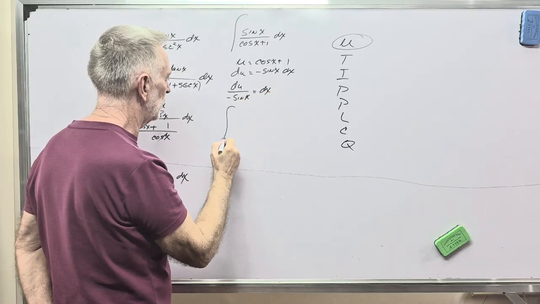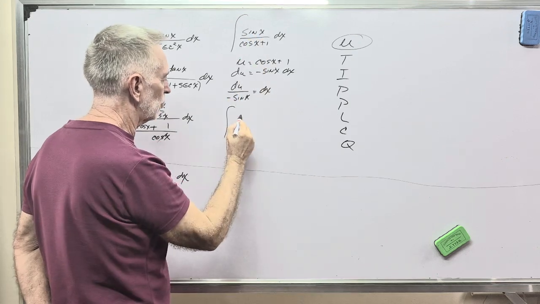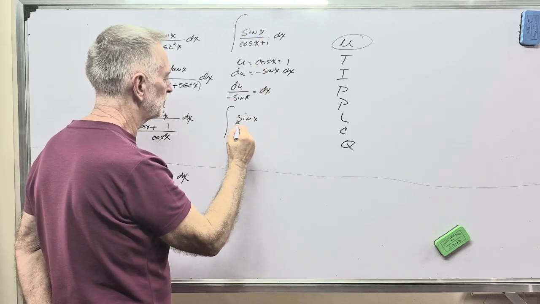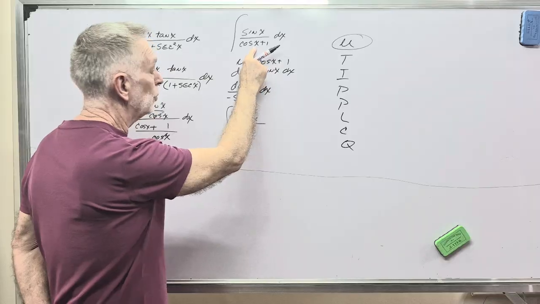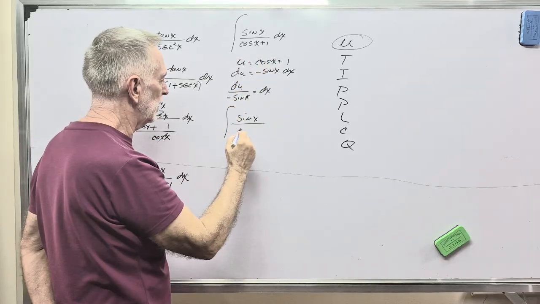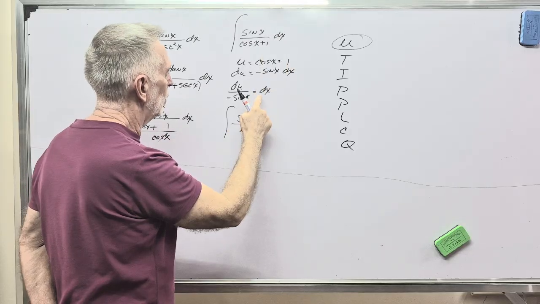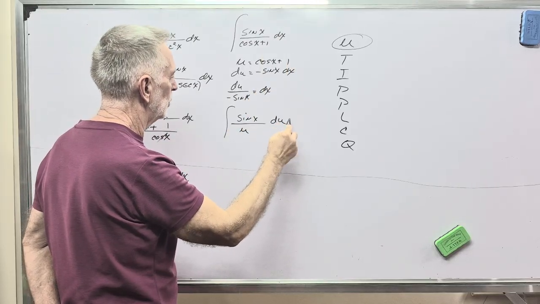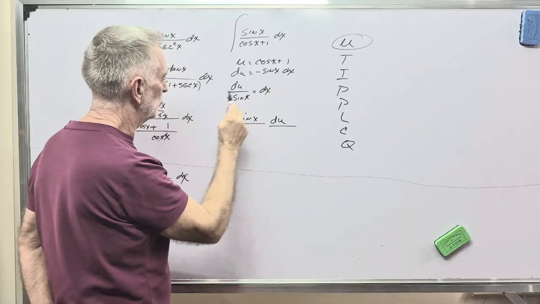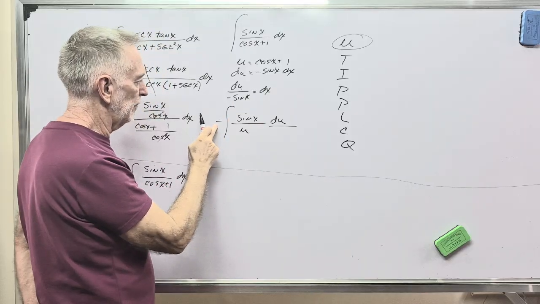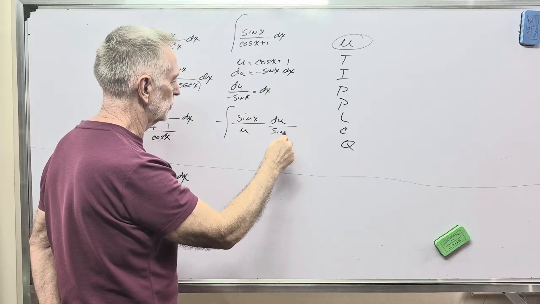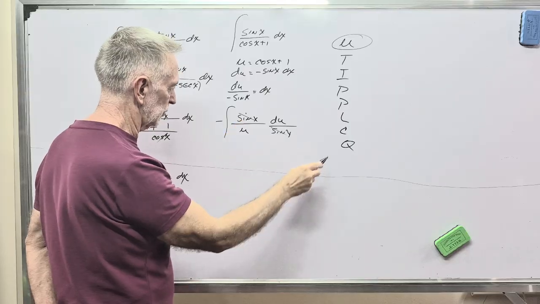Now let's fill in the blanks. We have the integral of sine x over u, which was cosine x plus 1, and then dx was du over minus sine x. I'm going to put the negative out here. Sine x cancels.